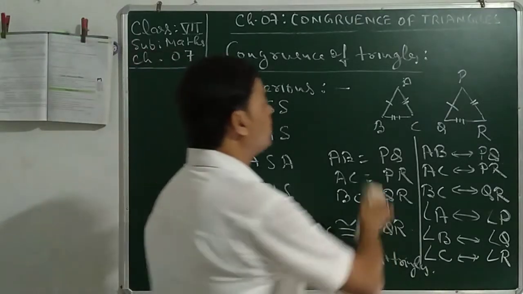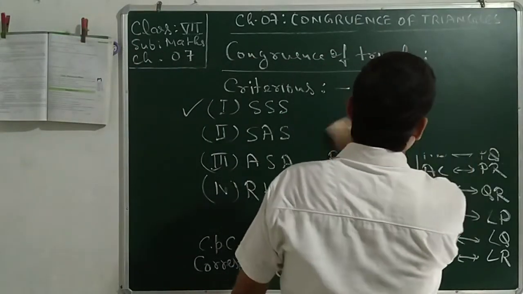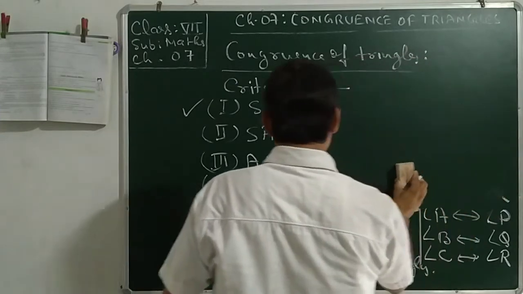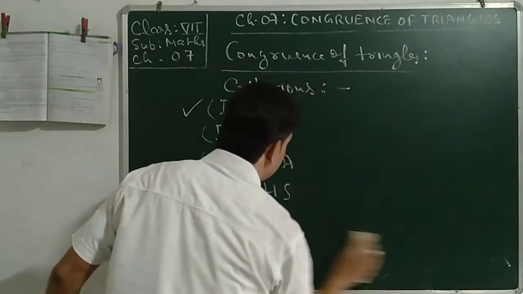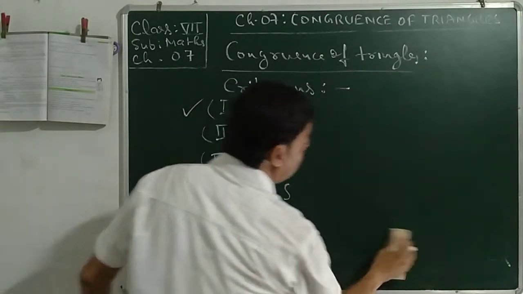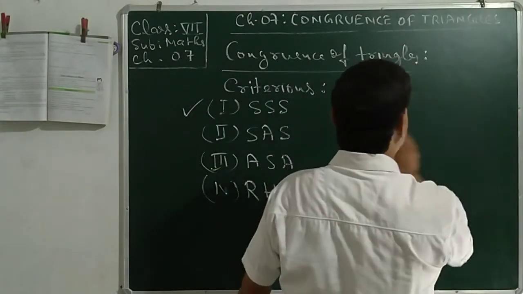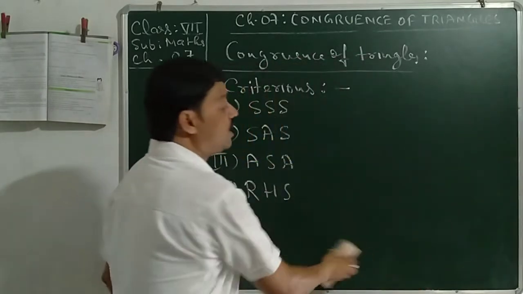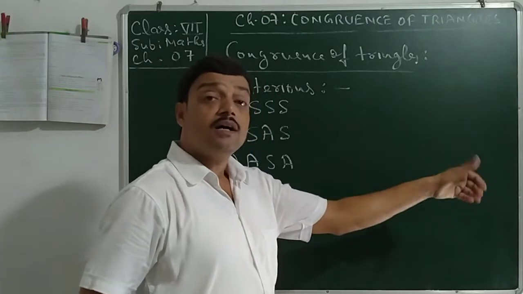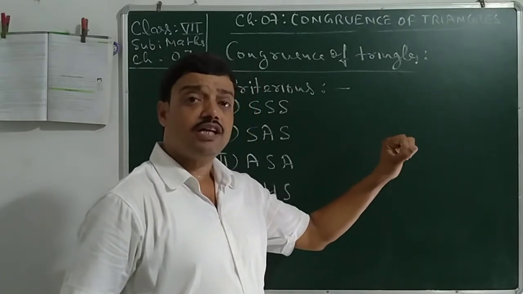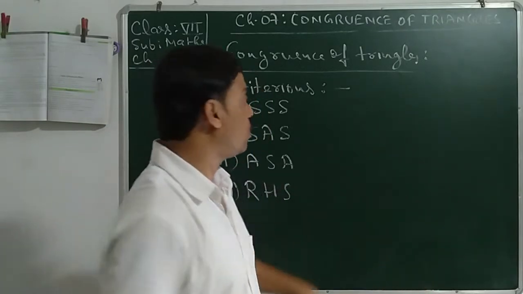Come to another condition, that is SAS. According to the SSS condition, we got that if all the sides of a triangle are equal to the corresponding sides of another triangle, then both of the triangles are congruent.